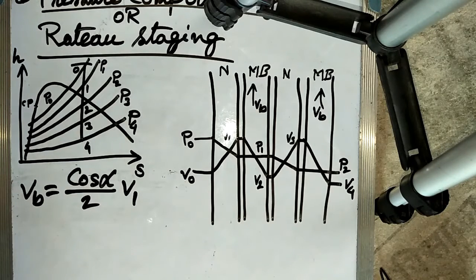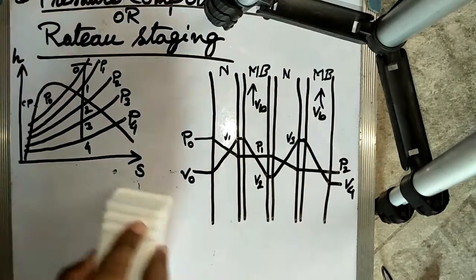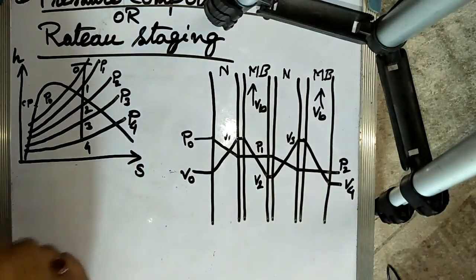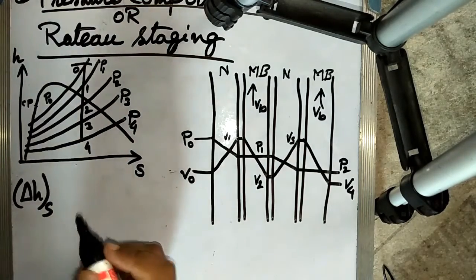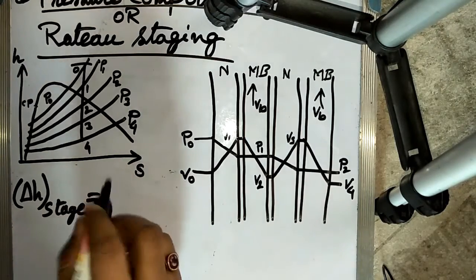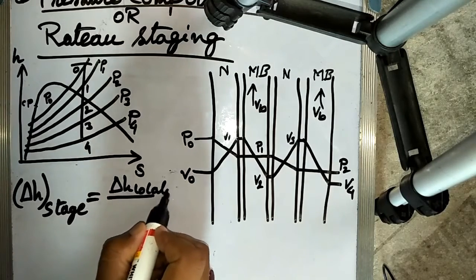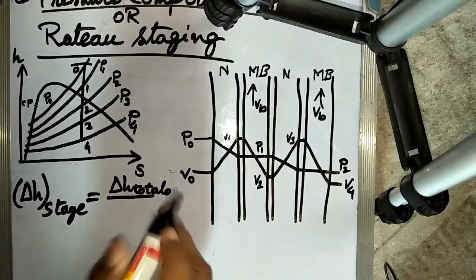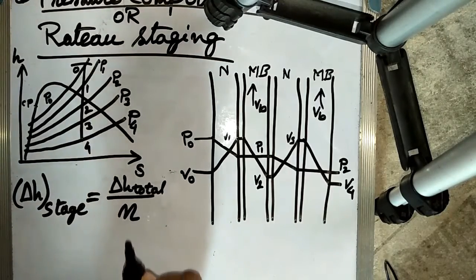Therefore, if there are n stages in series in the turbine, the isentropic enthalpy drop per stage, delta H stage, is equal to the total enthalpy drop divided by the number of stages, n.